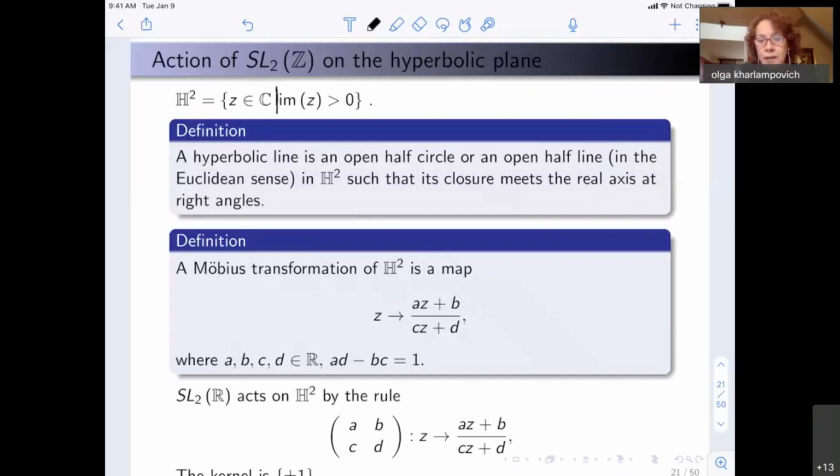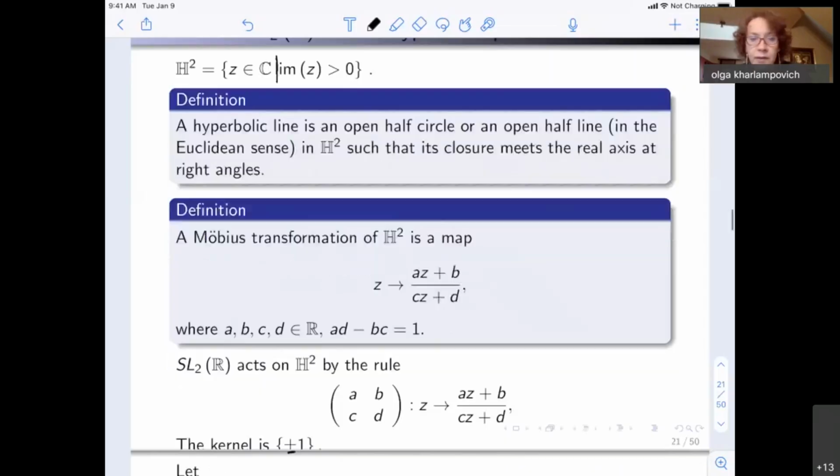So basically, SL2R acts on the hyperbolic plane by Möbius transformations. If you have a matrix (a, b, c, d) with determinant 1, so the matrix is in SL2R, then this matrix acts on the point z by this Möbius transformation.